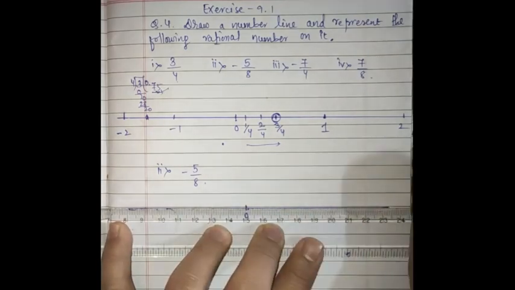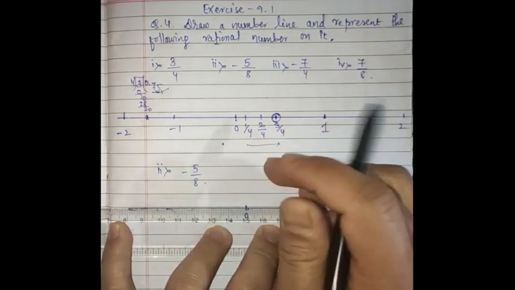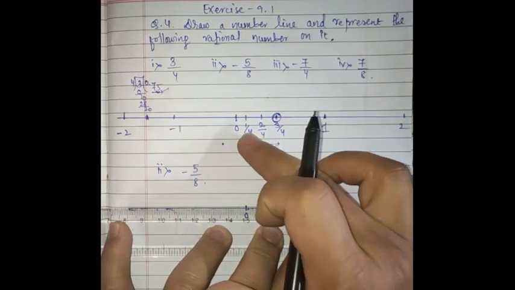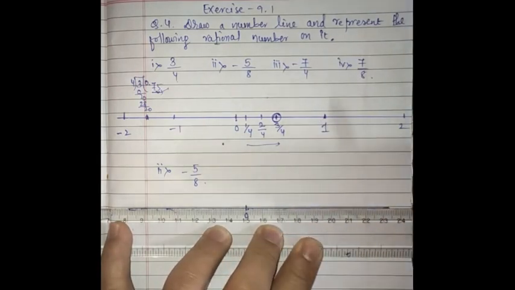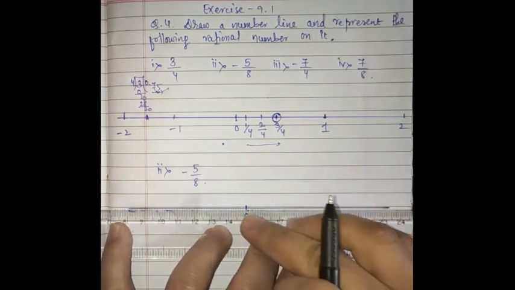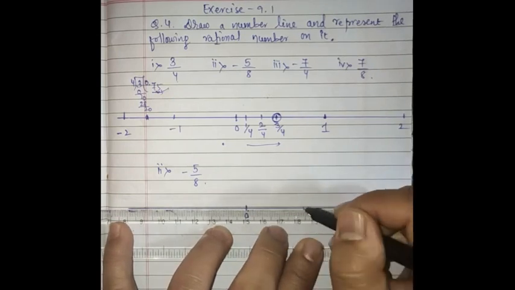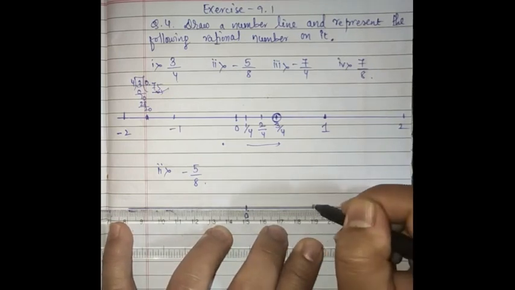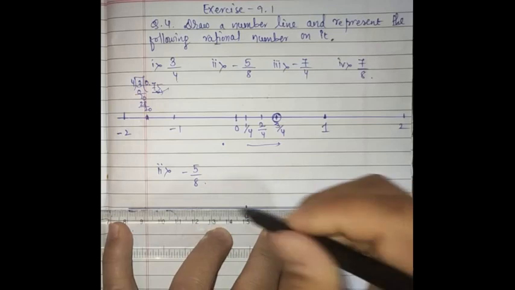So let me make this broader. If you make the number line smaller, it will be a little bit congested and it will not look that clear. So in order to maintain clarity, you have to make our number line a little bit broader, okay.